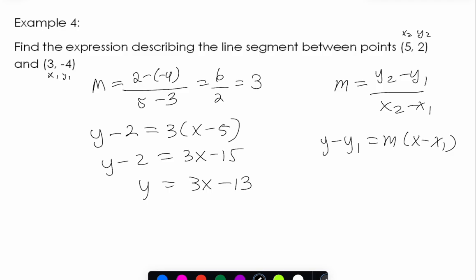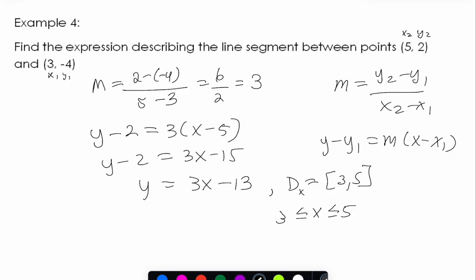All that you do to fix that, I'm going to show you two different ways. You can say that our domain has to be the x's from 3 to 5. That's one way to say it. Or you can say that our x's have to be between 3 and 5. We need to include 3 and 5 so our endpoints are included. So you can write it anything like that.